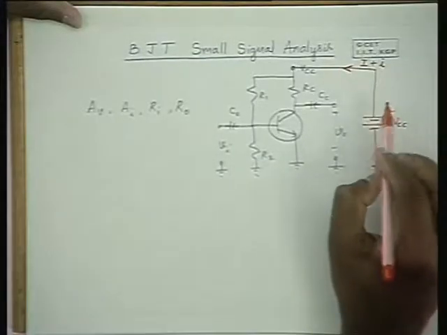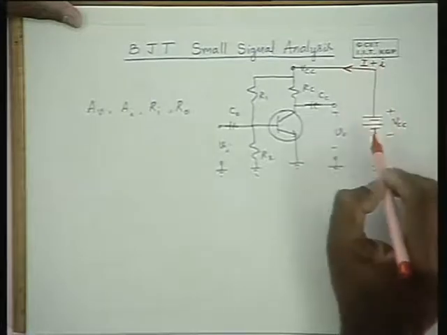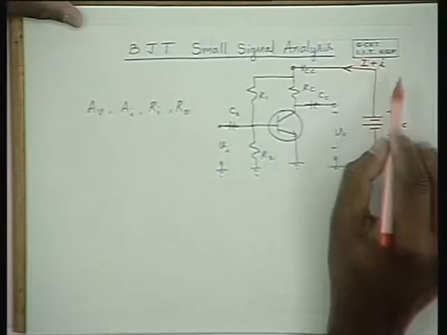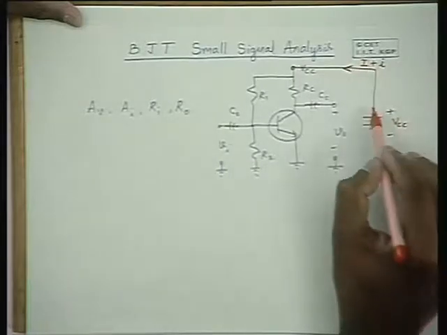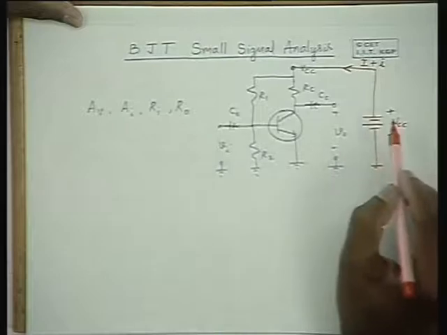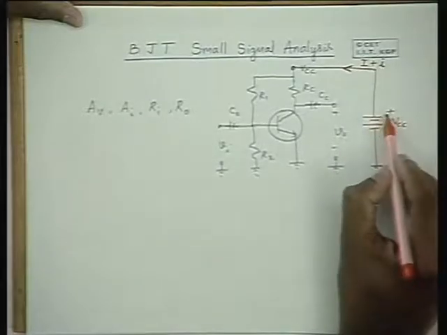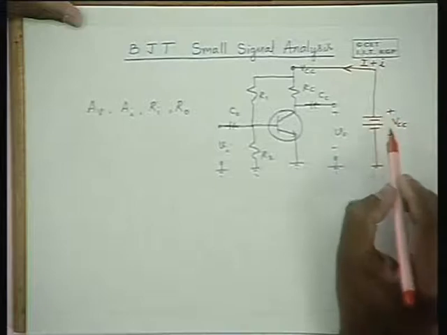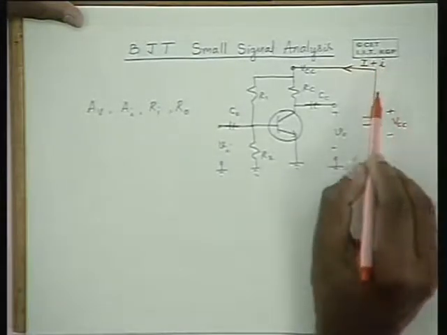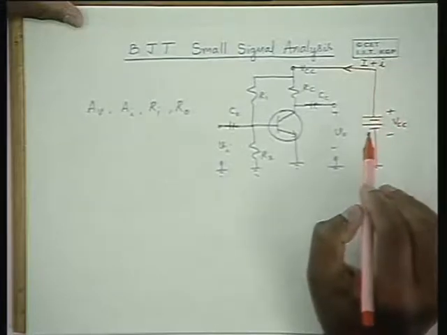I repeat, when you pass a DC current and an alternating component through this supply, it doesn't offer any alternating supply voltage. You will find that the voltage drop is VCC volts in spite of an alternating current component passing through it.